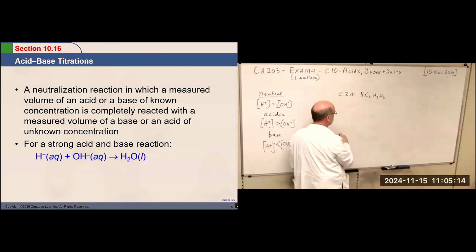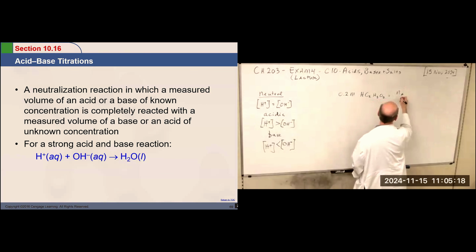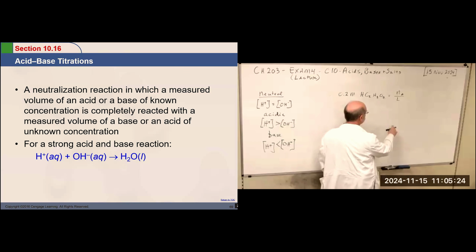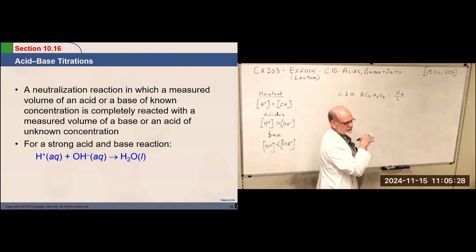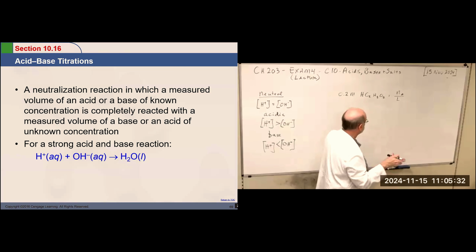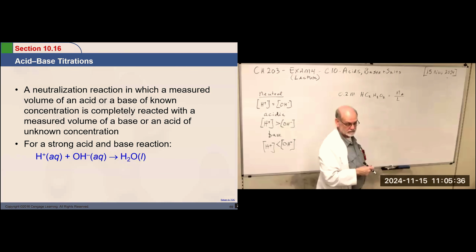So how do we calculate molarity? Molarity is moles of acid per liter. Right? Okay. So if we put a certain volume of acid in a beaker or an Erlenmeyer flask, then we know we can calculate how many moles we just put in there.